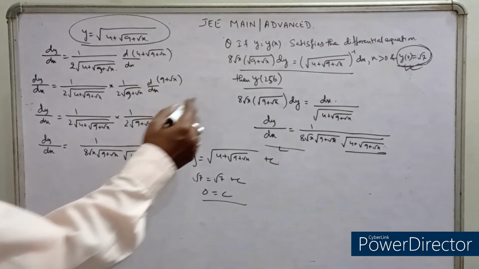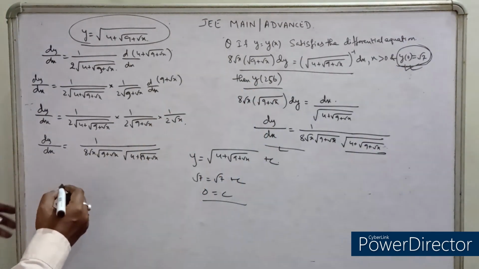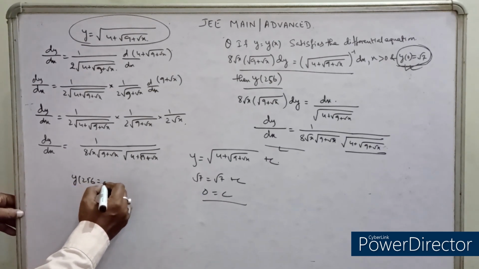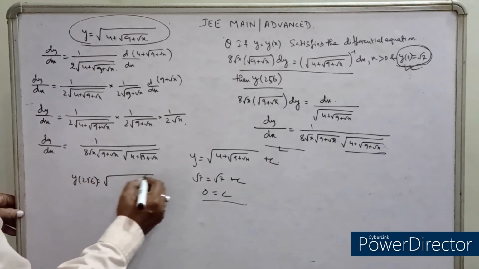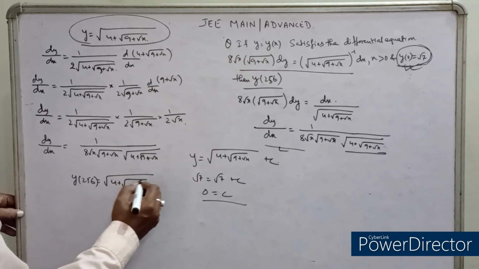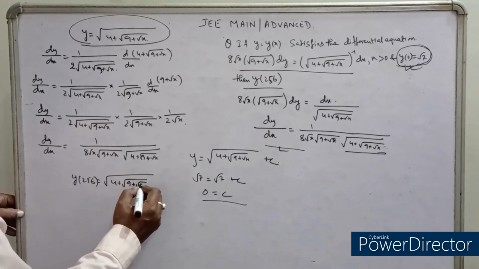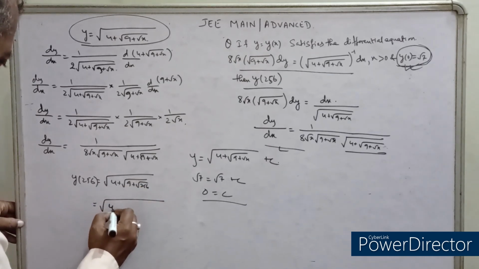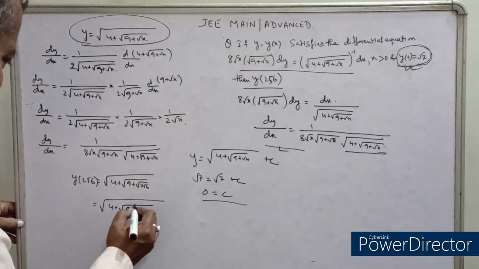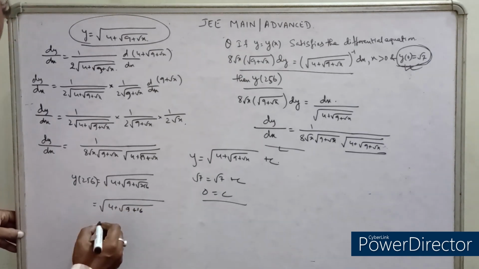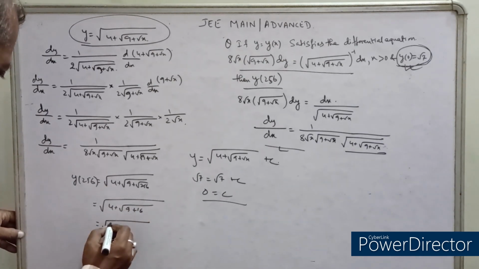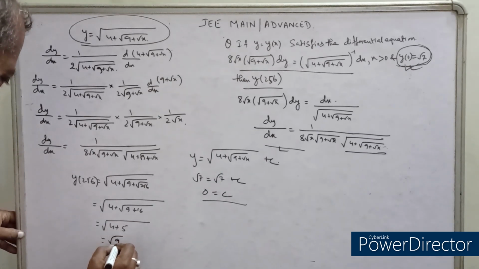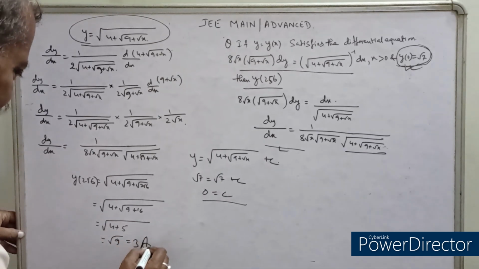So now you have to find the value of y at 256. So here this will be root 4 plus root 9 plus root 256. So this will be root 4 plus root 9 plus 16. So this is 25, so this will be root 4 plus 5, which is root 9, and this will be 3, your answer.